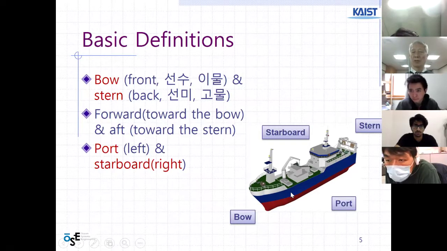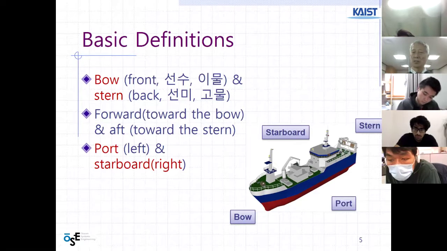See, above the blue colored line there is a white line, but there is only some of the white in the front part, the bow part, and some of it in the stern part. In the middle, there is no white belt. So you can imagine that the upper deck is colored dark green.